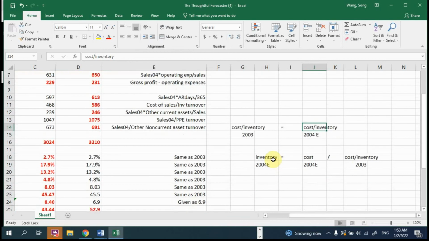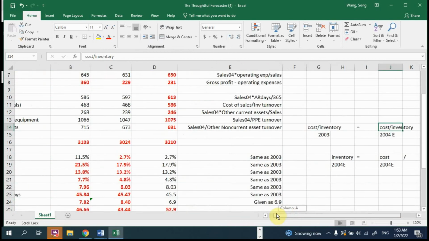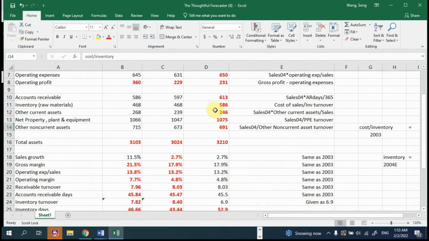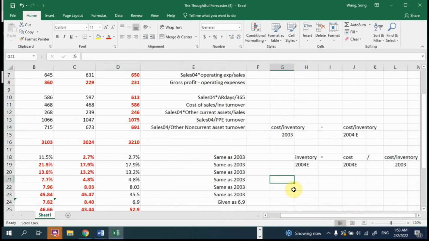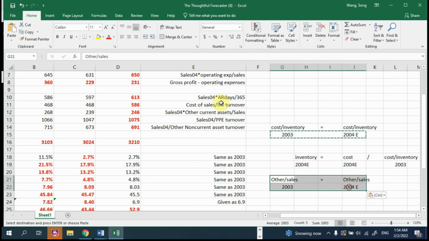But for the sales percentage method, for example, if we are trying to solve for other current assets or net property and plant, you should know that other current assets divided by sales in 2003, the ratio, equals the 2004 ratio.